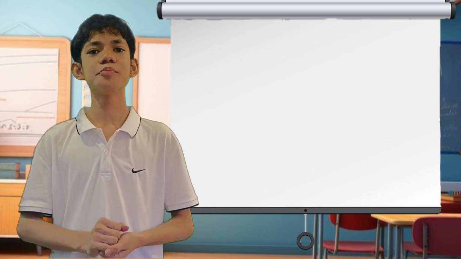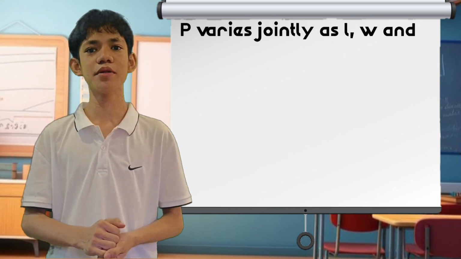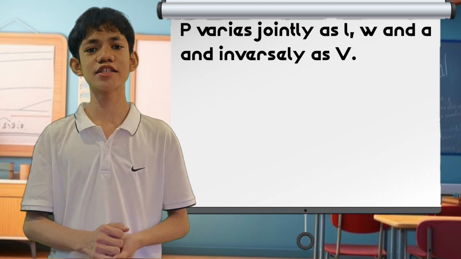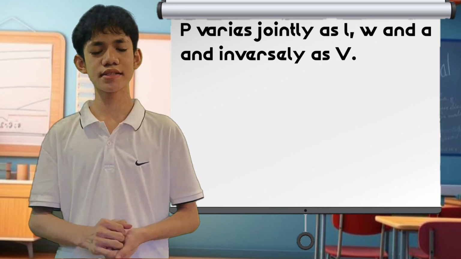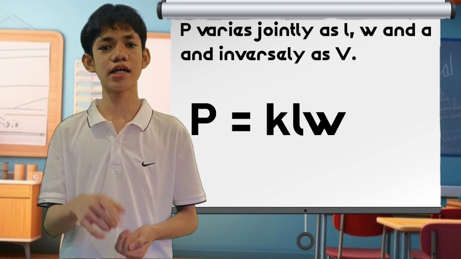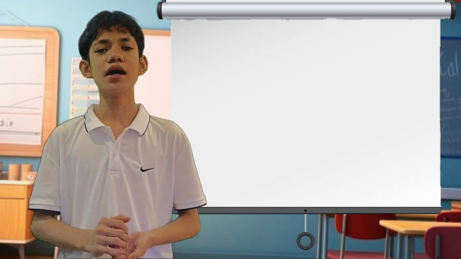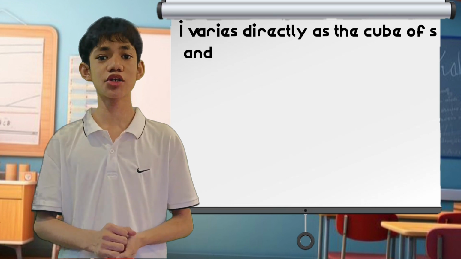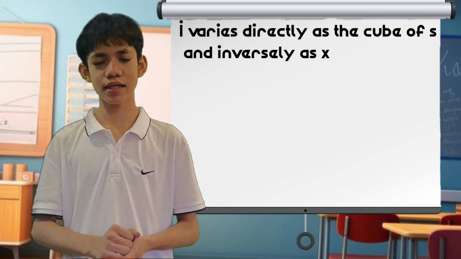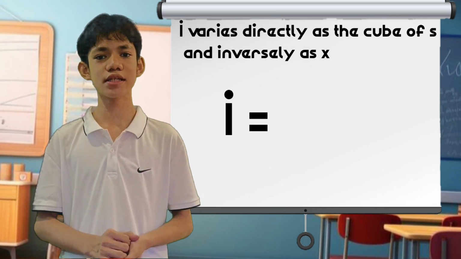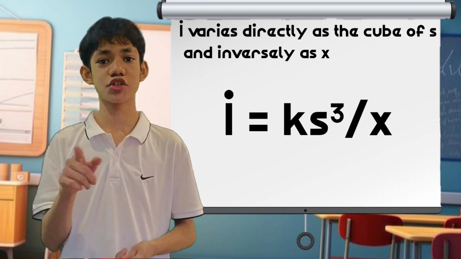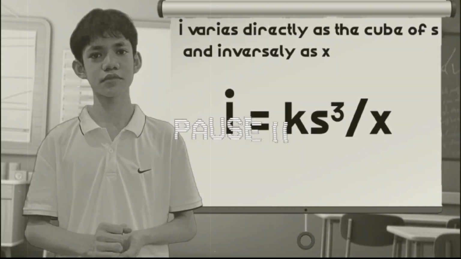Number 3. P varies jointly as L, W, and A, and inversely as V. We write this equation as P is equal to KLWA over V. Lastly, number 4. I varies directly as the cube of S and inversely as X. We write this equation as I is equal to KS cubed over X.